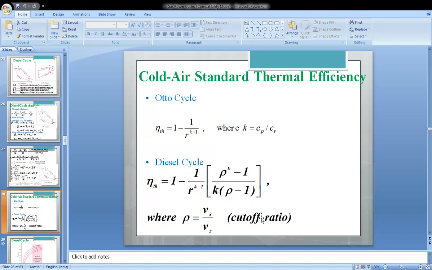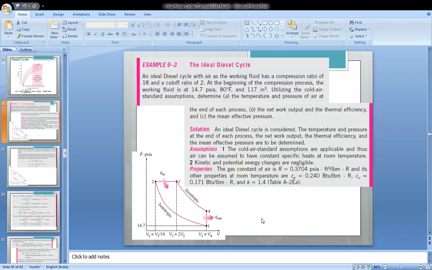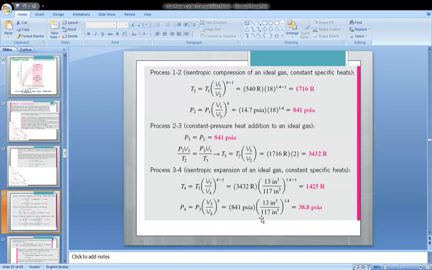The only difference is that the cutoff ratio comes into the picture in the case of the diesel cycle. As with the Otto cycle, we observe how the efficiency of the diesel cycle varies with the compression ratio as it increases; the efficiency decreases with the cutoff ratio here.